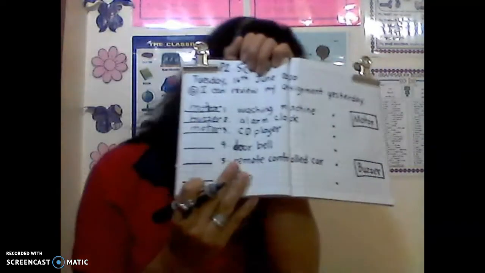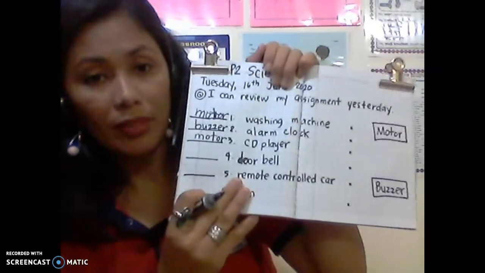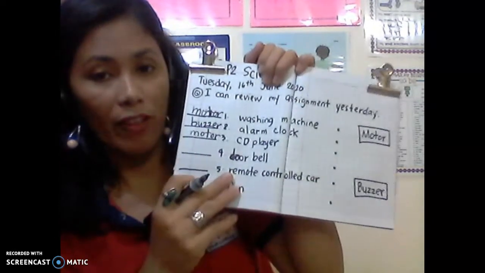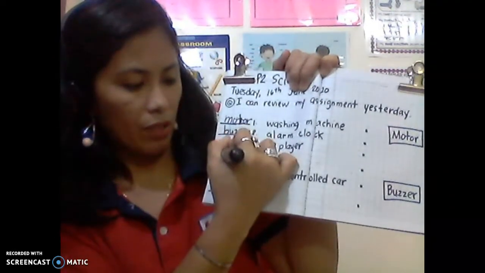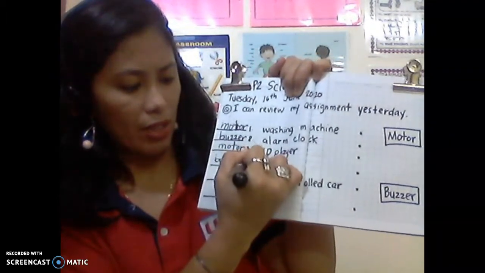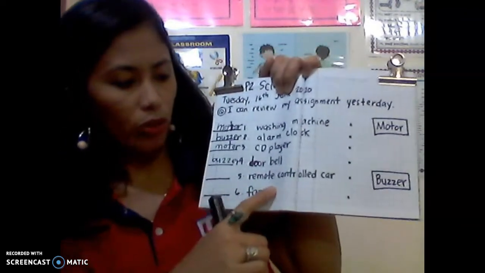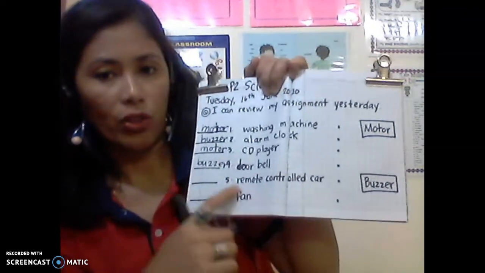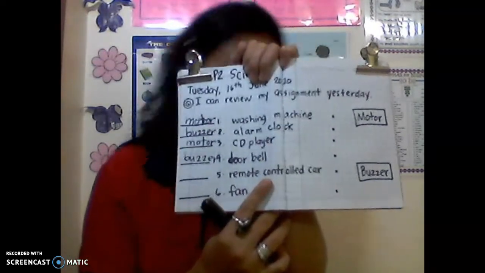How about a doorbell? A doorbell makes sound, right? So if it makes sound, we use buzzer. Because buzzer makes sound, so we use buzzer here. How about the remote control car? For the remote control car, for it to move, we need what?